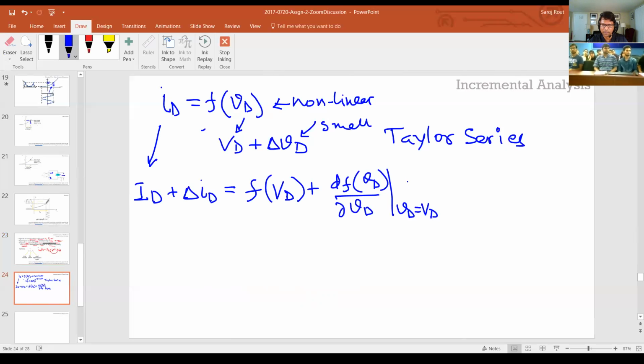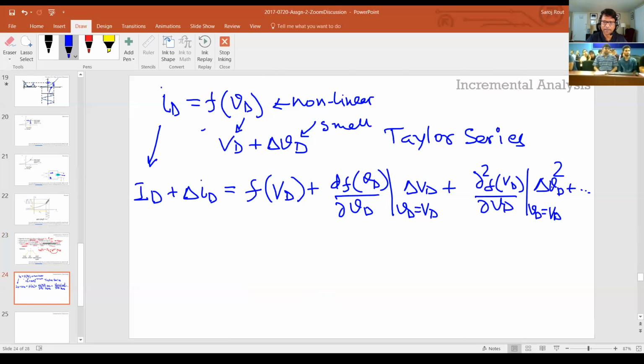This is the most important thing, as I said before, times delta VD, then plus the second differential, d squared f(VD)/dVD squared, again evaluated at that DC point, times delta VD squared, and all the higher terms.